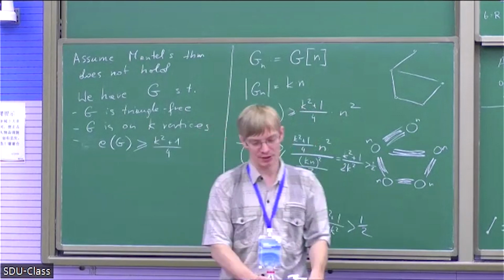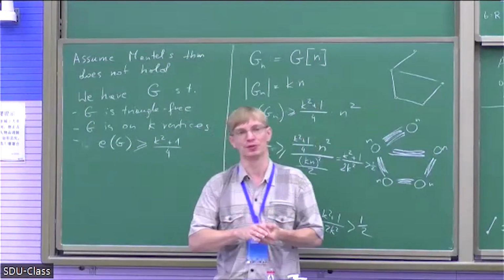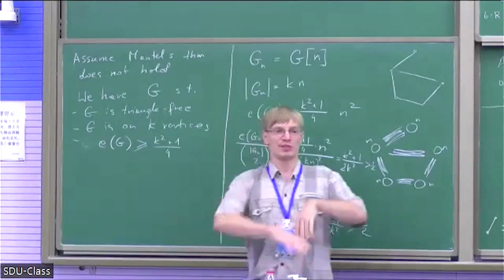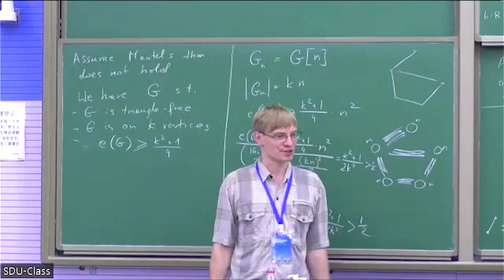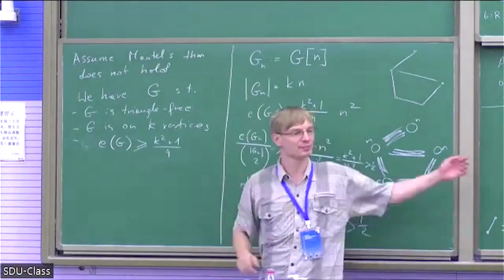And this is a general approach that is often useful in this setting. Imagine you have a conjecture or a problem that you want to solve, and the problem is for graphs only, like Mantel.